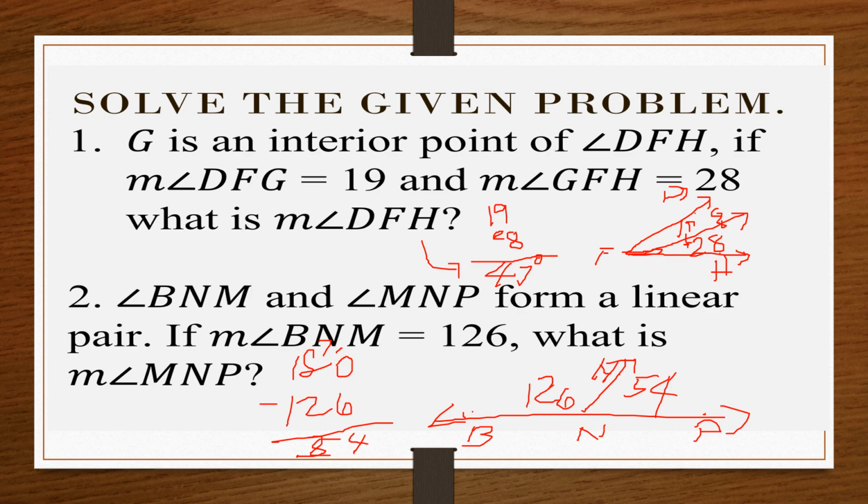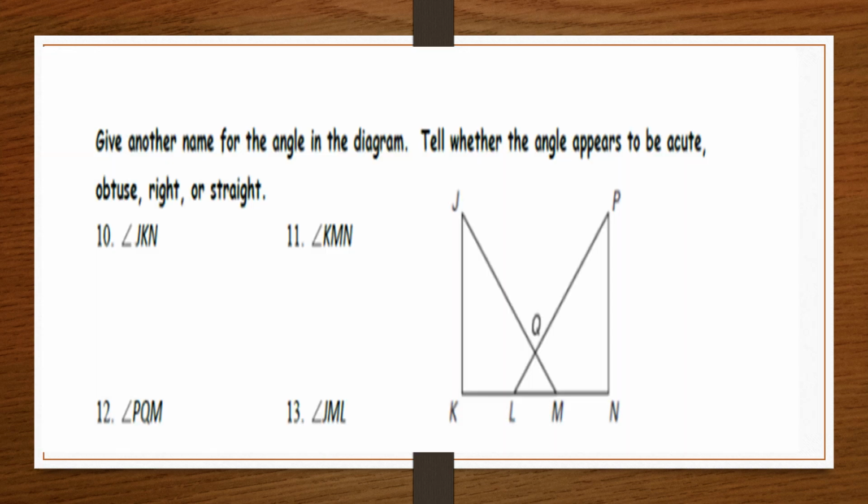Okay, next. Give another name for the angle in the diagram, and say whether the angle appears to be acute. Remember there are obtuse, right, and straight. So we have J, K, N. This is a right angle.